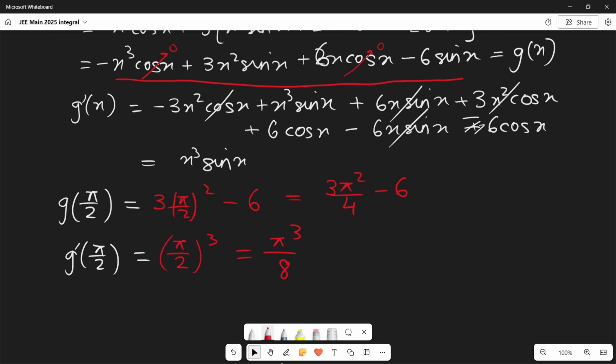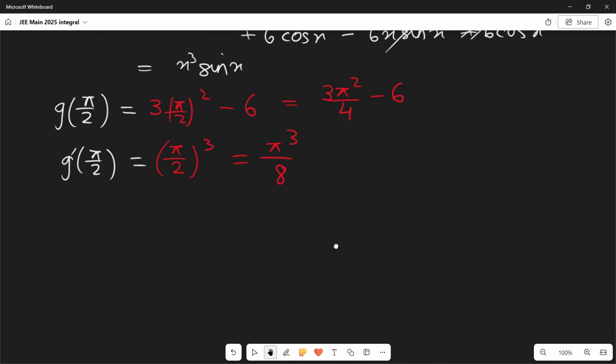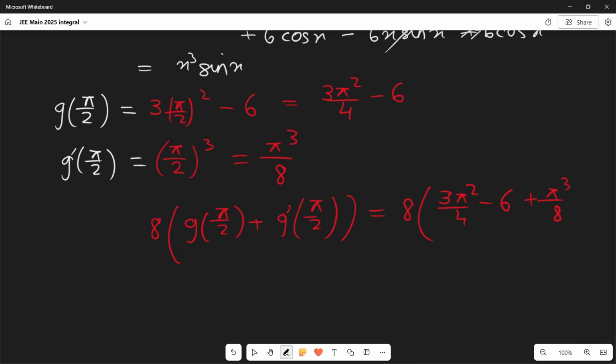So we have to find out 8 times g of pi by 2 plus g dash pi by 2. That will be 8 times 3 pi squared by 4 minus 6, plus pi cube by 8.